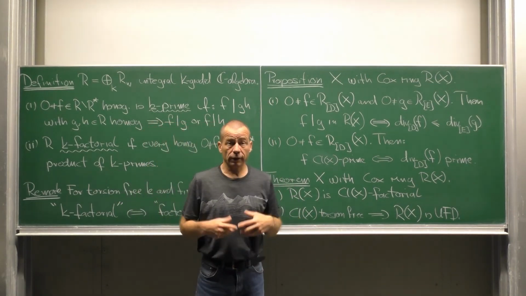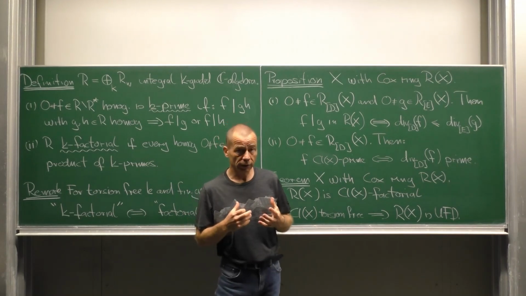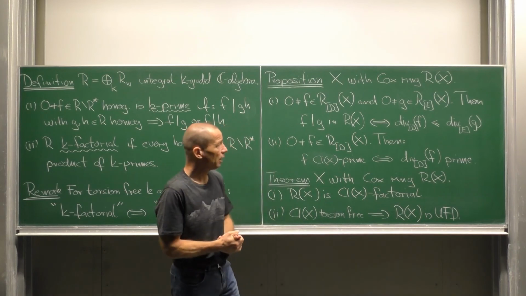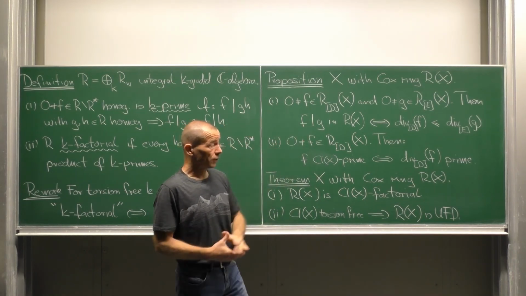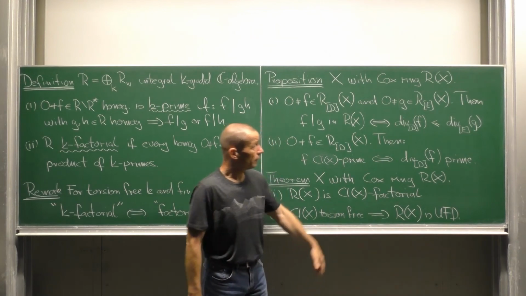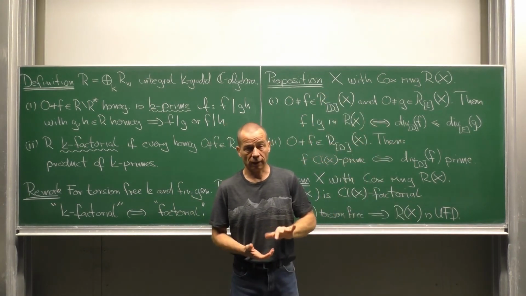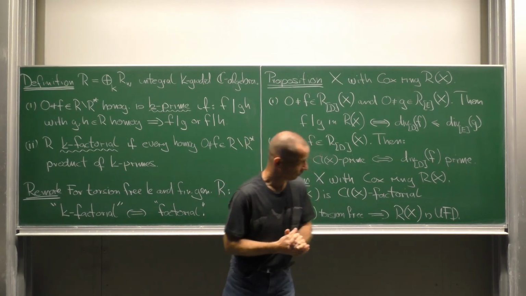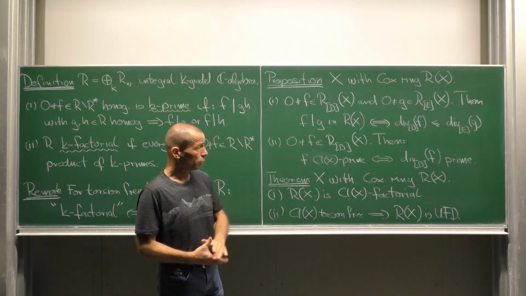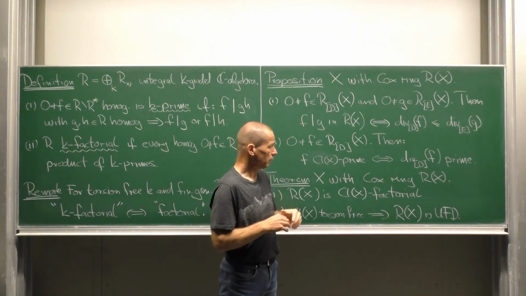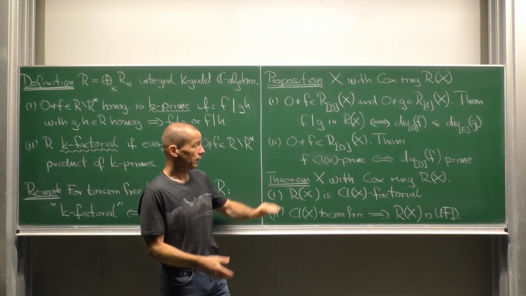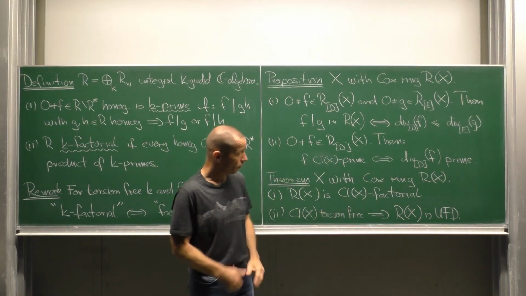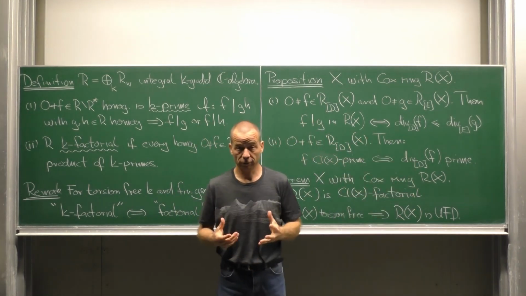Consider homogeneous elements F and G in the Cox ring of degree class D and class E. Then F divides G if and only if the class D divisor of F is less or equal to the class E divisor of G. Moreover, a homogeneous element F of class D in the Cox ring is Cl(X) prime if and only if the class D divisor of F is a prime divisor.